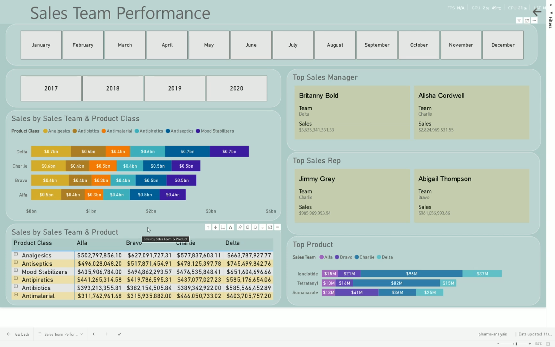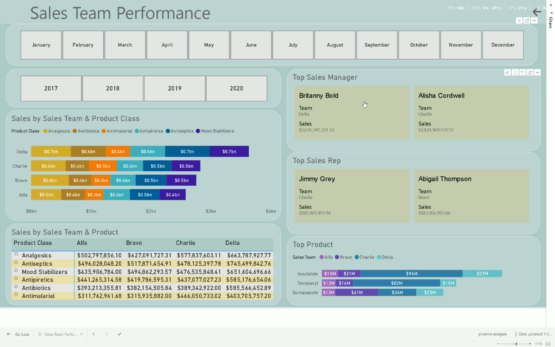This uses a matrix visual with product class as rows and team as columns, whereas sales as values, in which analgesics and antiseptics generated the biggest revenue across all the teams, as we can see here with the numbers itself. Meanwhile, antibiotics and antimalarials are lower in contribution. This helps in the optimization of product level strategies and resource allocation.